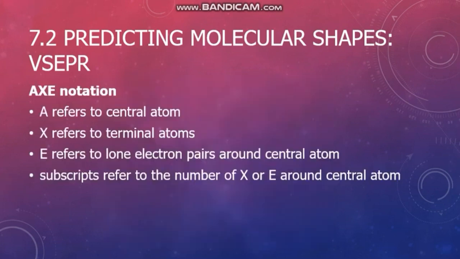So let's define this AXE notation first. In AXE notation, just like the one that I showed you earlier, A refers to the central atom, and X refers to the terminal atoms, and then we have the subscripts. These refer to how many X, or terminal atoms, and how many E, lone electron pairs, are around the central atom.